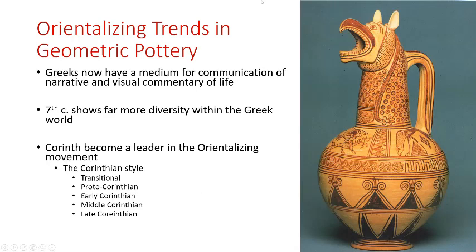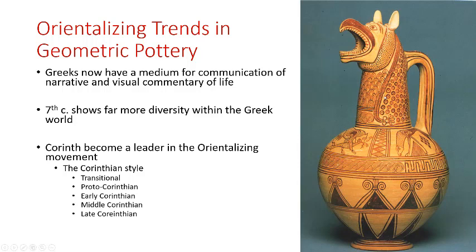So Orientalizing trends continue. That's what I mean by trends that are taking up on images coming from the East. Certainly in the 7th century, we see a lot of this Eastern iconography, and it's expressed by far more diversity within paintings on Greek vessels.